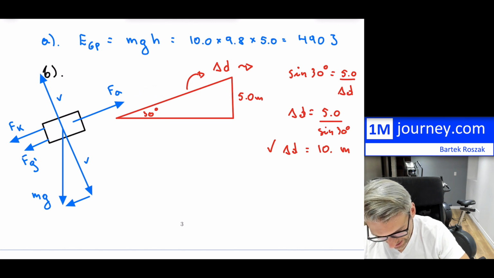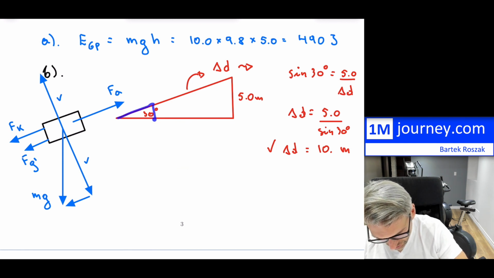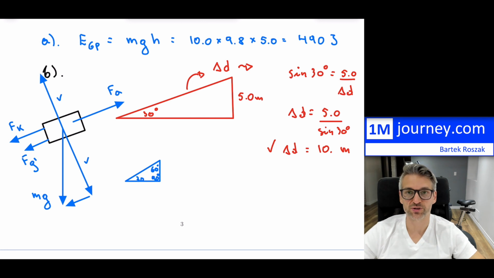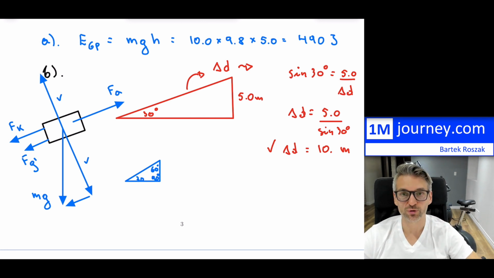So what that would tell us is, sorry, the force of gravity is right here, and this is the one that we're interested in. So I have this triangle right there. If that's 30, then that's going to be 60, and this is 90 because you have a triangle and the total angles sum up to 180.